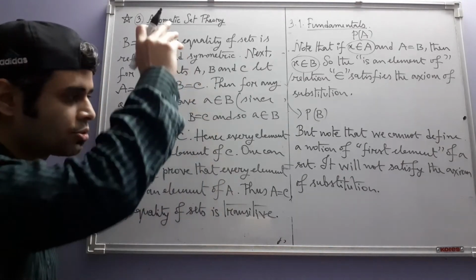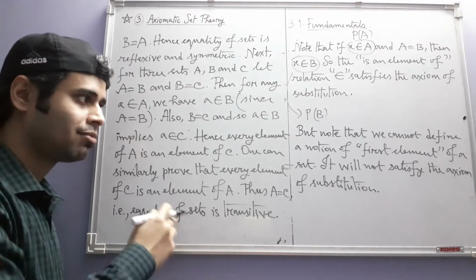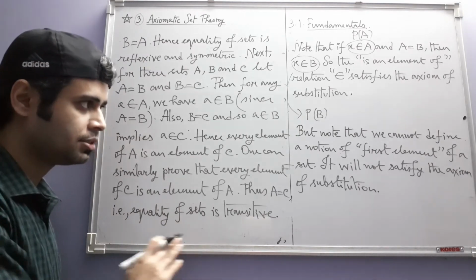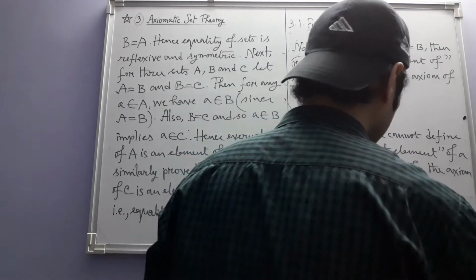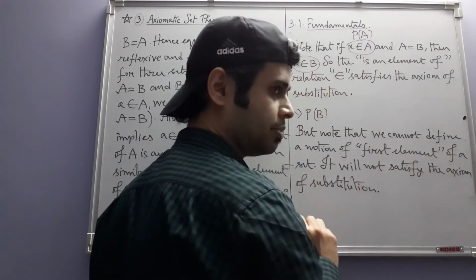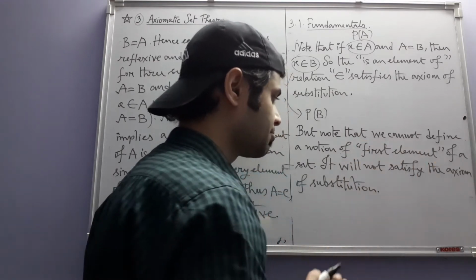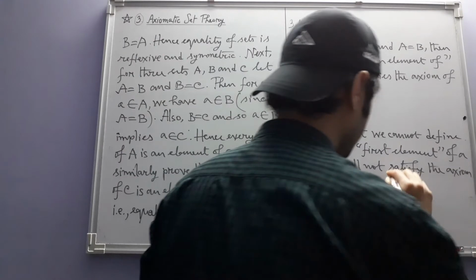But some sets are so large that we cannot list the elements. However, when we can list the elements, the order in which they appear is not relevant. If we try to define a first element in a set, because of that reason, this concept will not satisfy the axiom of substitution.